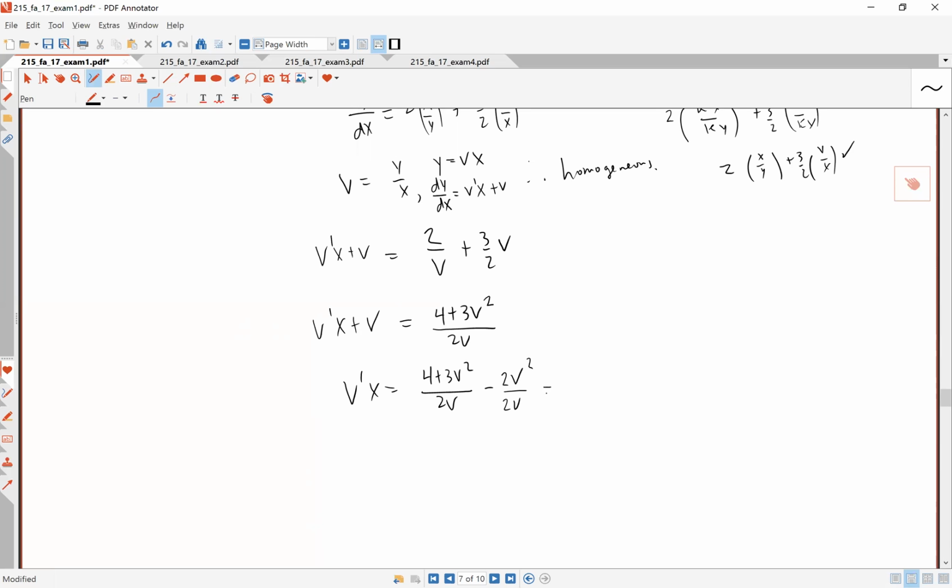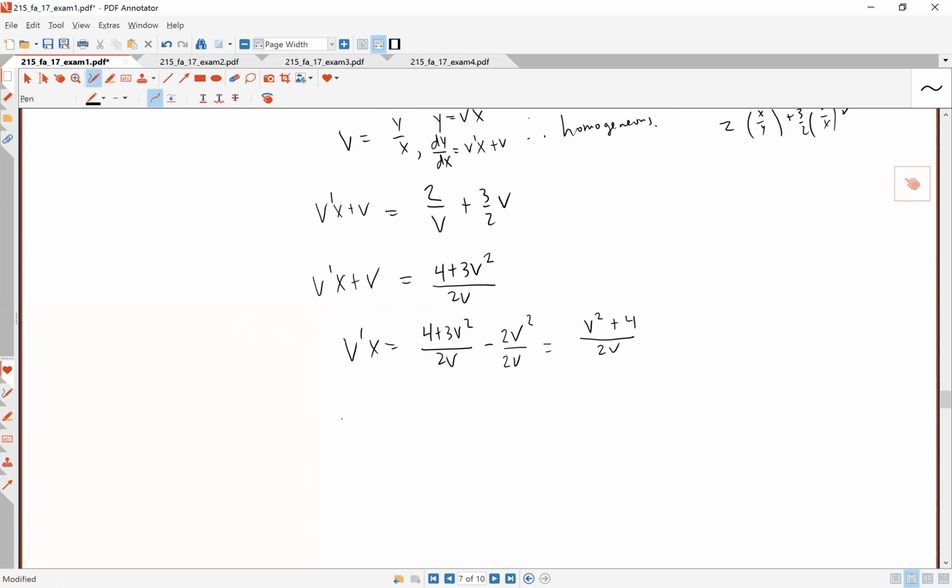And so we have v squared plus 4 over 2v. All right, that's our separable differential equation now. We have dv equals dx over x, and this is 2v over v squared plus 4.